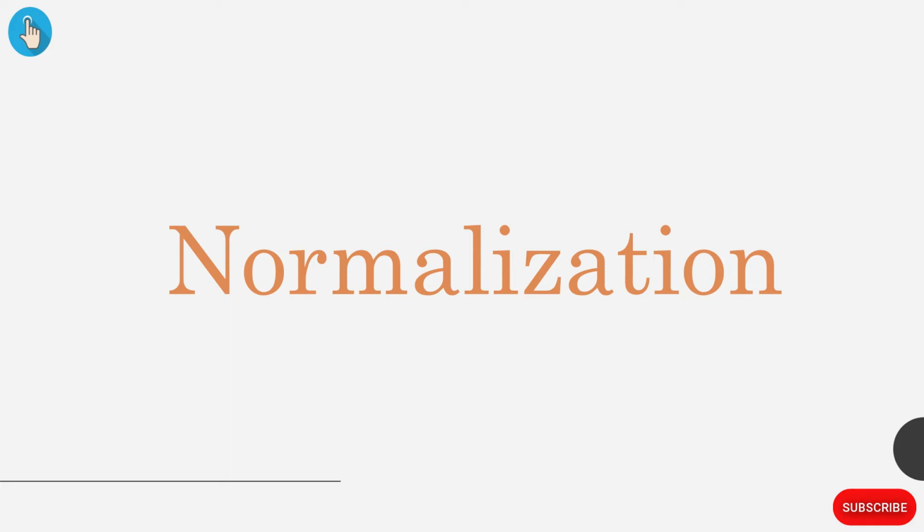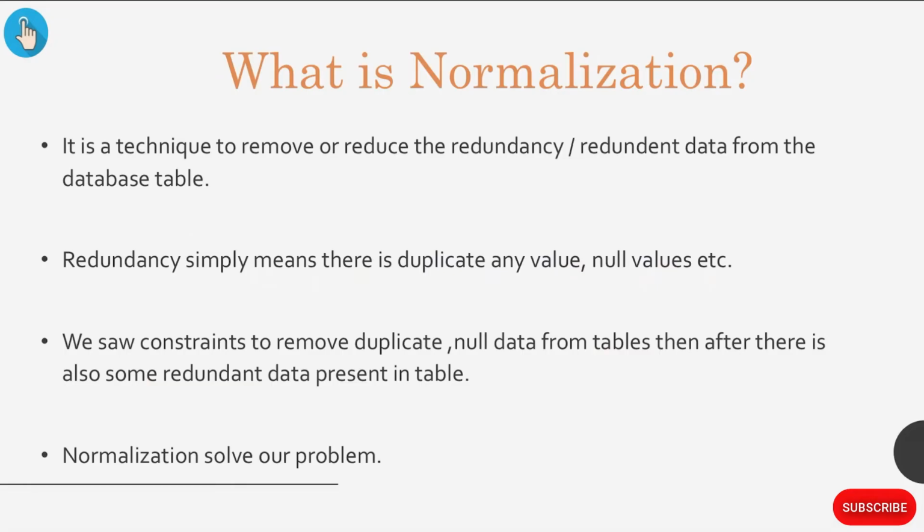So normalization basically does the work which SQL constraints have not been able to do. So let's see the definition of normalization. Normalization is a technique to remove or reduce the redundant data which is there in the database you have created, right?